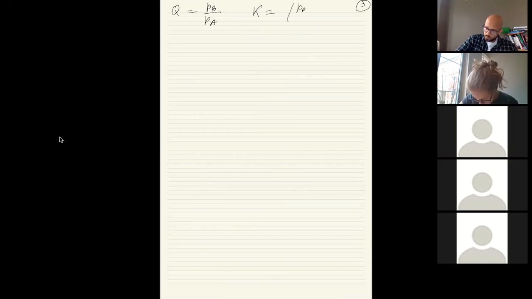So in other words, just to recap, we defined Q as the ratio of PB by PA, right? I'm answering exactly your question, Anthony, right now. Q is equal to PB by PA, K is equal to PB by PA value at equilibrium.